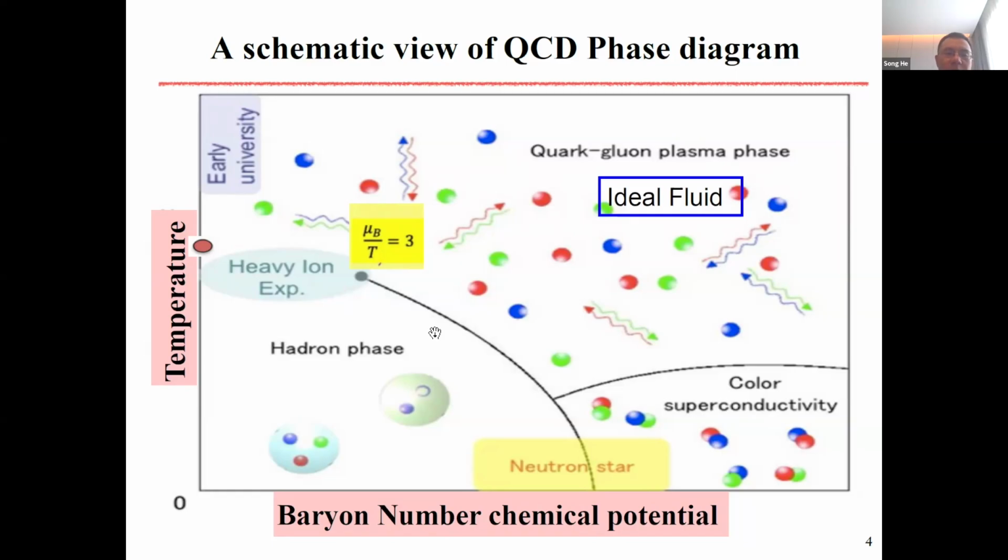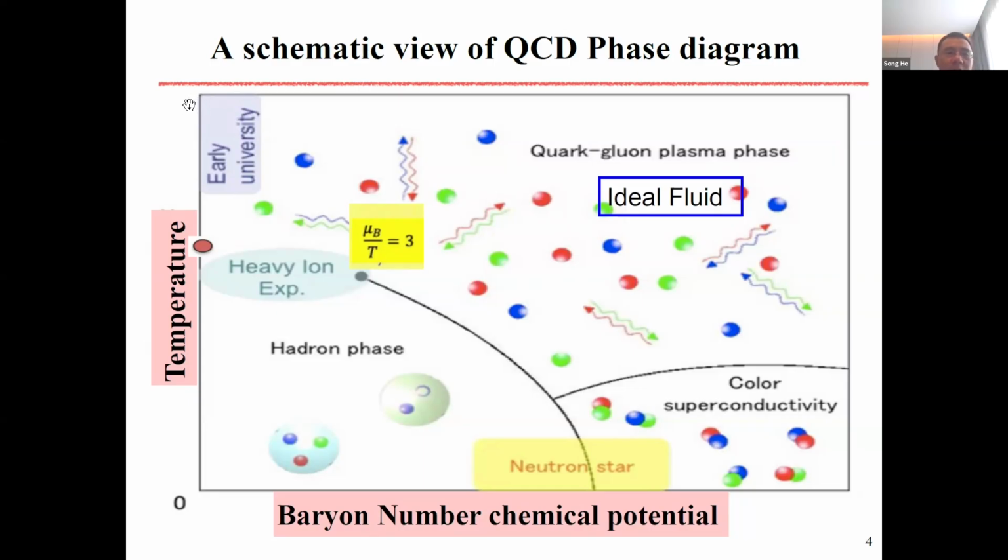It's just expected, but there are few effective models to clearly understand what happens between the hadron gas and the Quark-Gluon plasma. So this talk is based on some data.